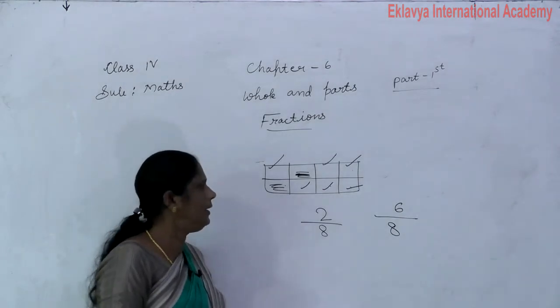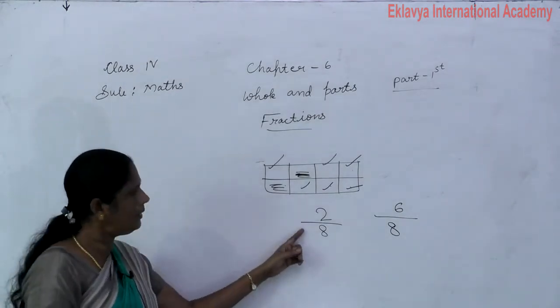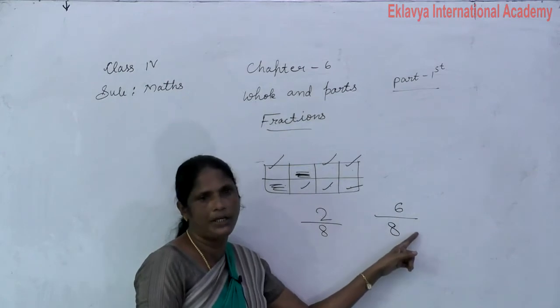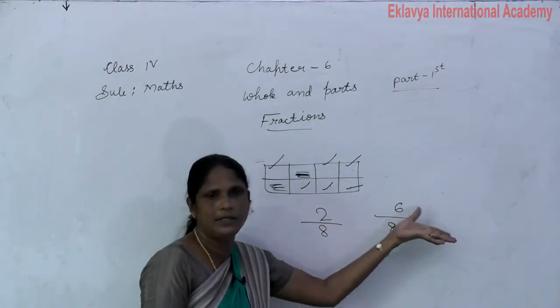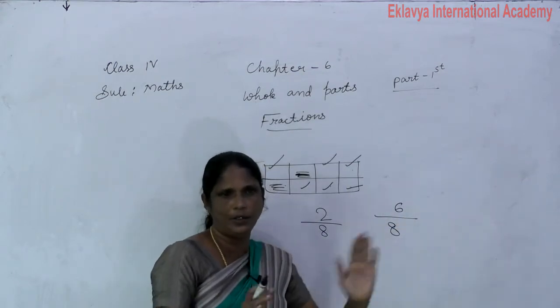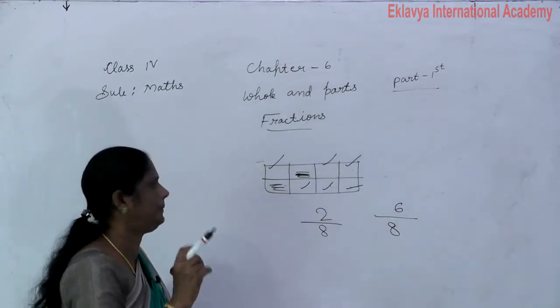Understand? This is the shaded part, this is the unshaded part. The total is 2 plus 6 is equal to 8. The total of that is 1.